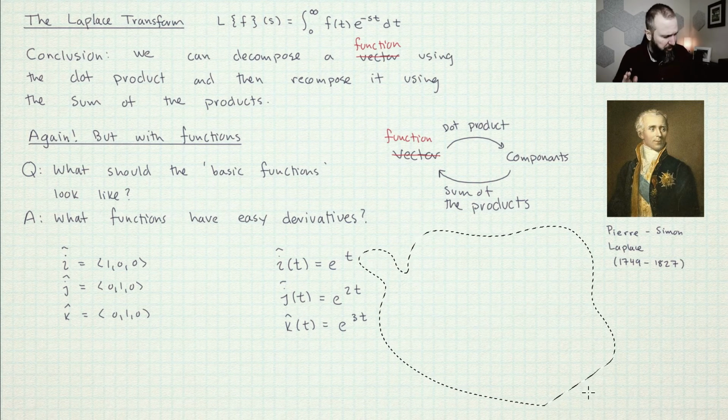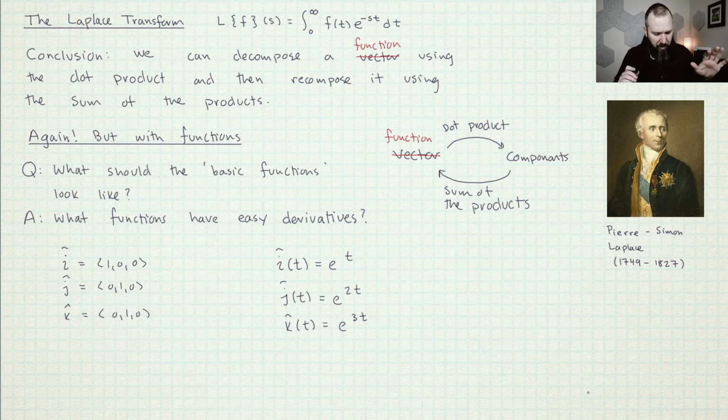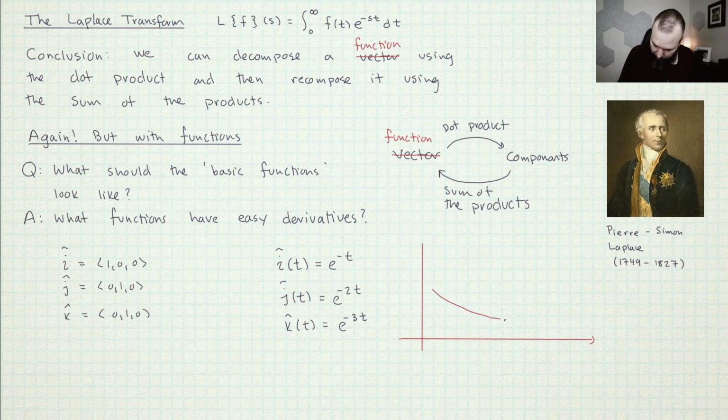So what I really want is for the areas under these curves to be finite a lot of the time. So I'm going to put negatives under there, and that way we get exponential decay curves like this that are going to have very small area underneath them. So that's it.